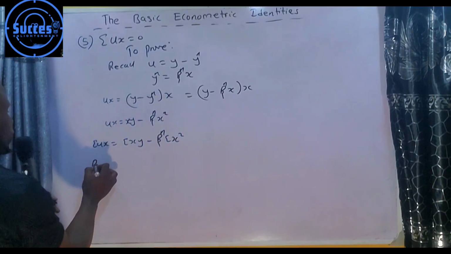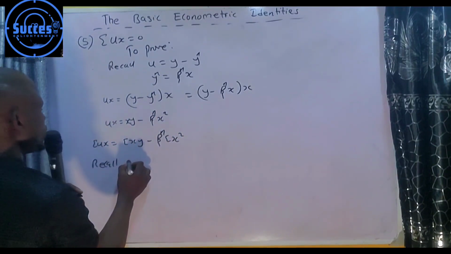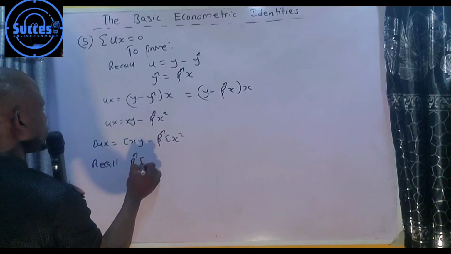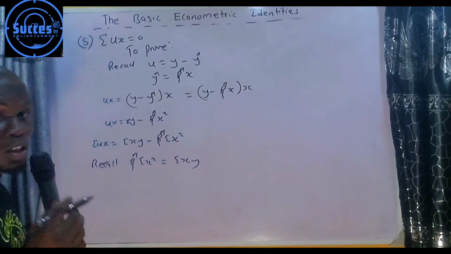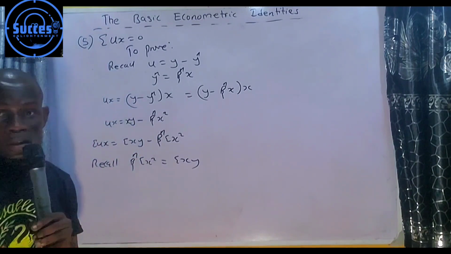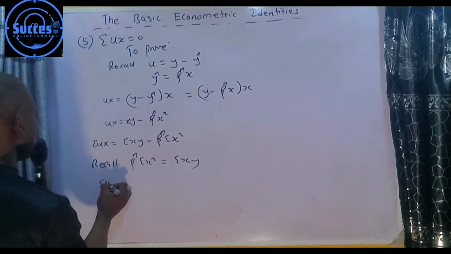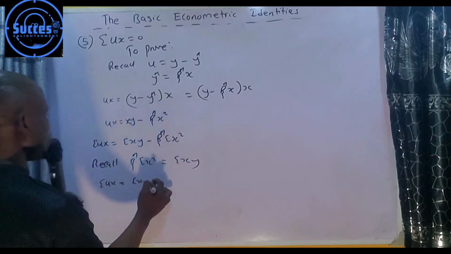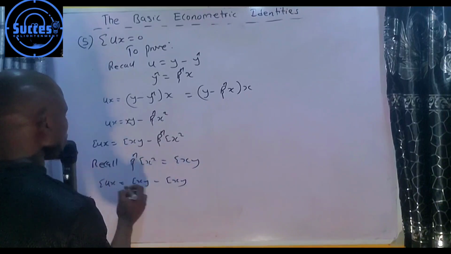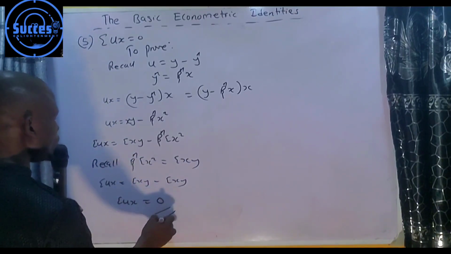Now recall that beta cap summation x squared equals summation xy, already proven to be true and valid. So our summation ux equals summation xy, substituting this for this, minus summation xy. So our summation ux equals 0.